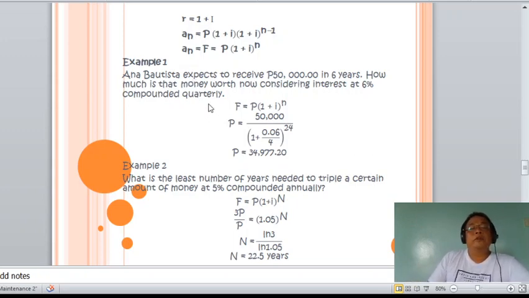So, getting now the value of P: 50,000 divided by 1 plus i, where the nominal rate is 6% and the number of compounding is 4, so that's why the nominal rate will be divided by 4, and then raised to 6 multiplied by 4, which is equivalent to 24.